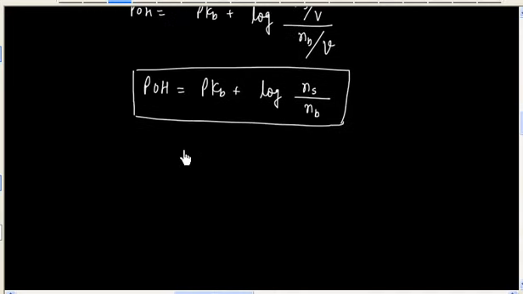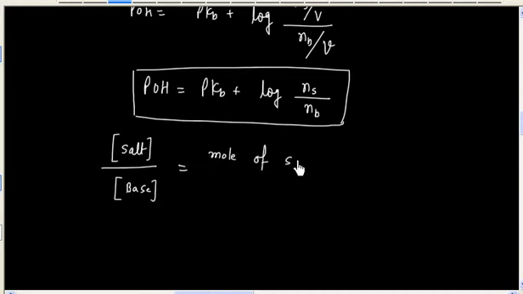So this means in place of concentration we can also write moles. So ratio of concentration of salt by concentration of base is same as mole of salt divided by mole of base.